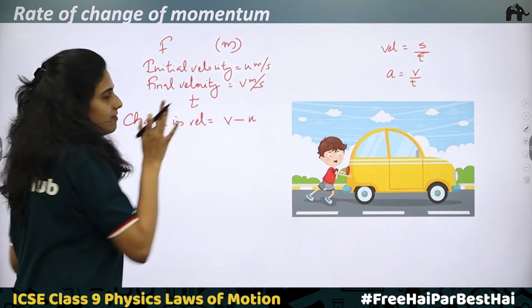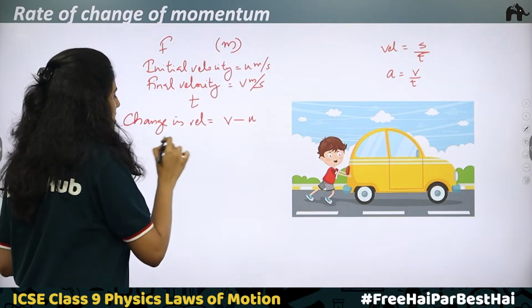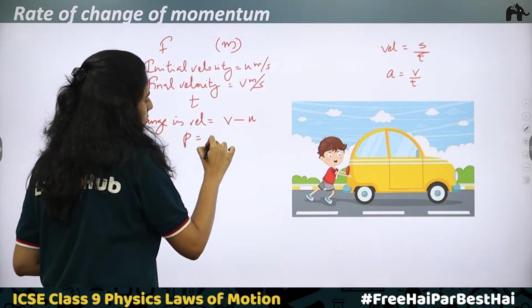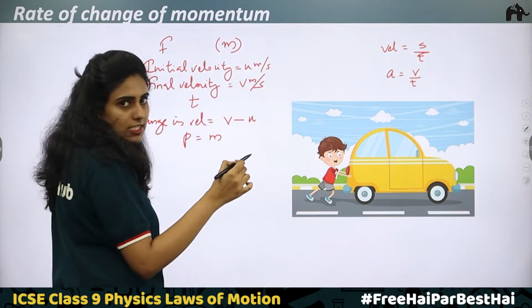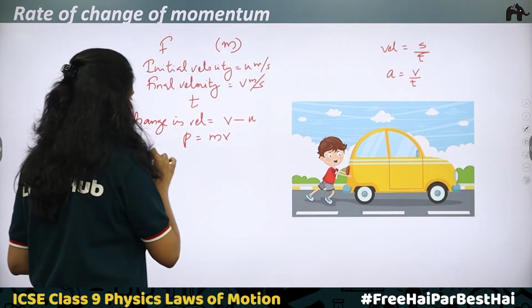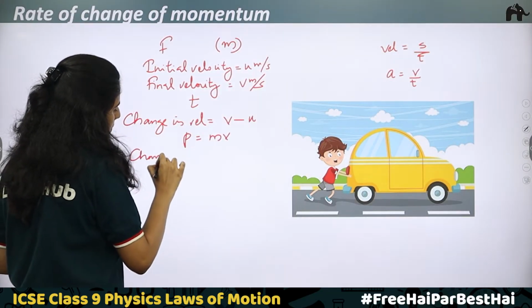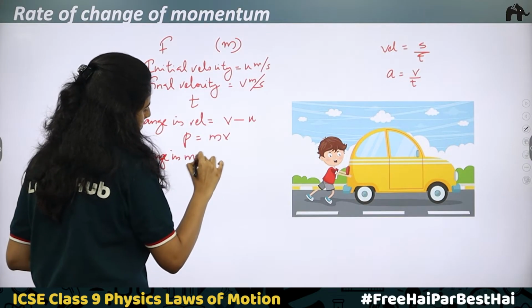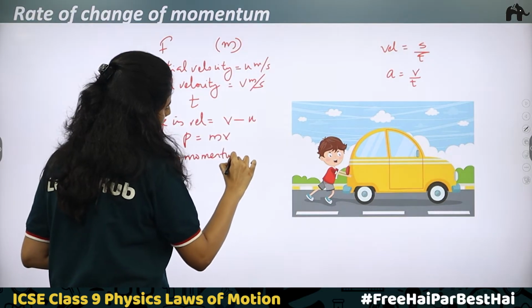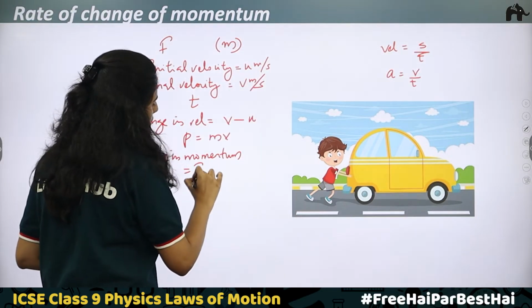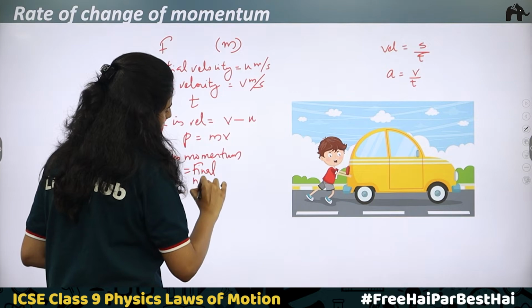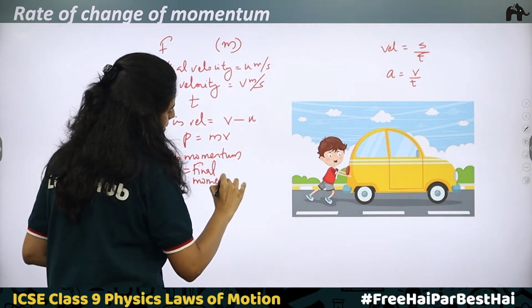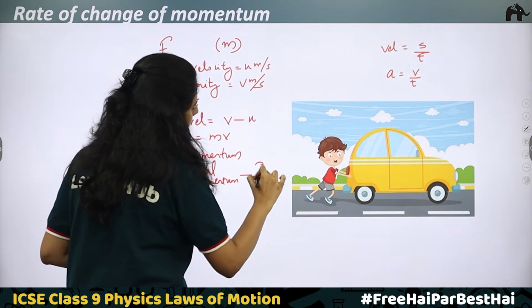So, we got the change in velocity. Now, what is the change in momentum? We have momentum is equal to mass into velocity. So, here change in momentum will be equal to final momentum minus initial momentum.